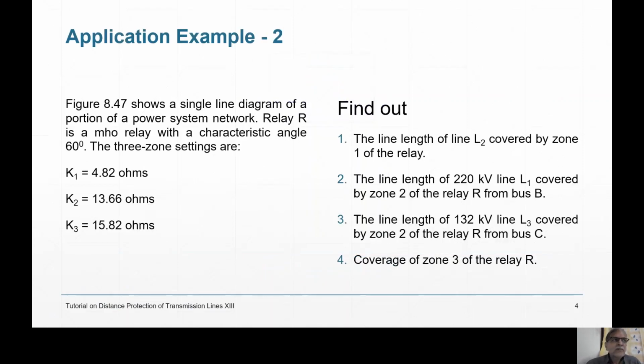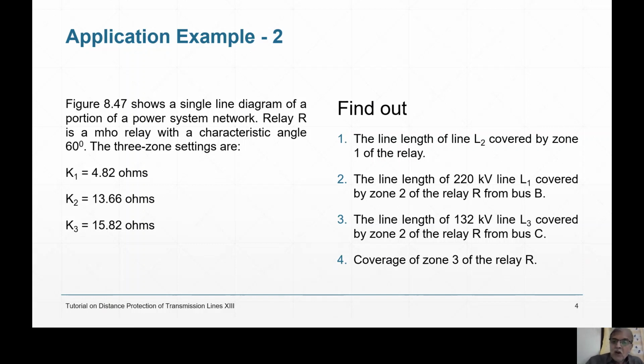So going on, this is figure 8.47, which we will see. It shows a single line diagram of a portion of a power system network using mho relay with characteristic angle 60 degree, and 3 zone settings are given: K1, K2, K3 in secondary ohms, obviously.